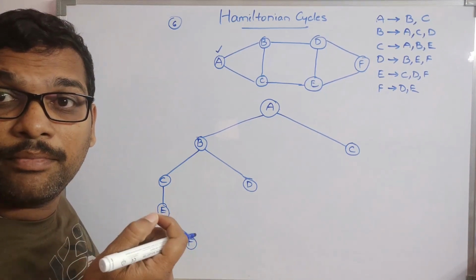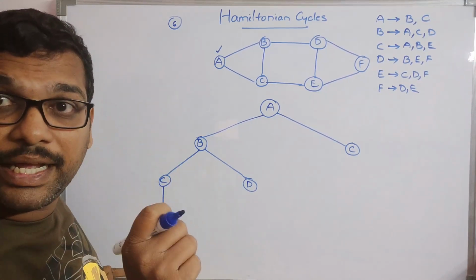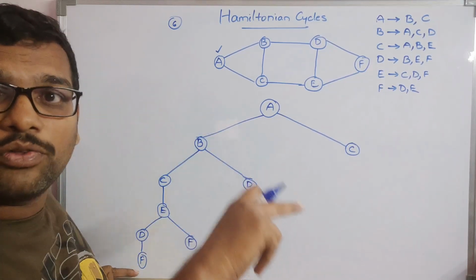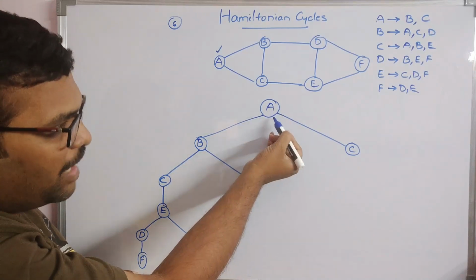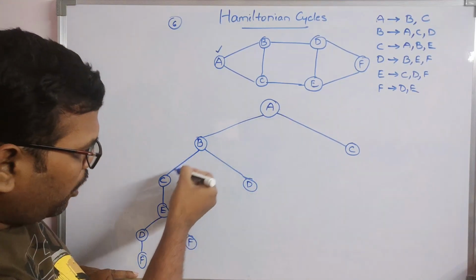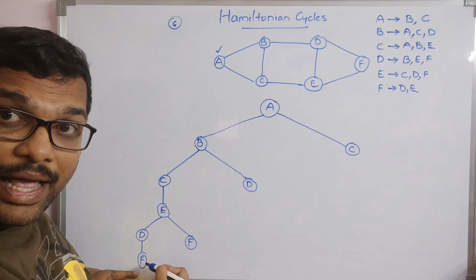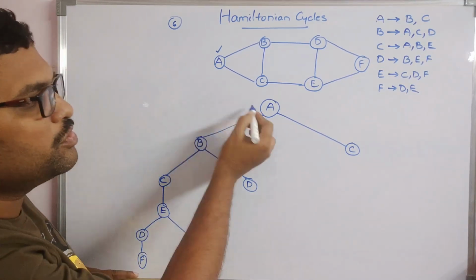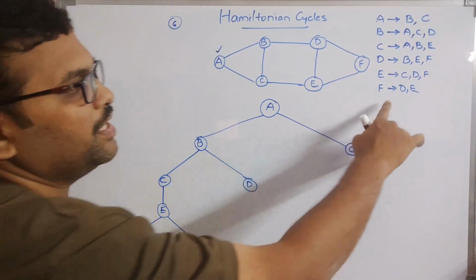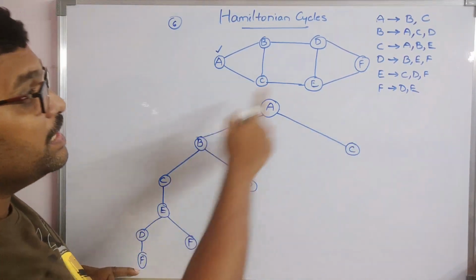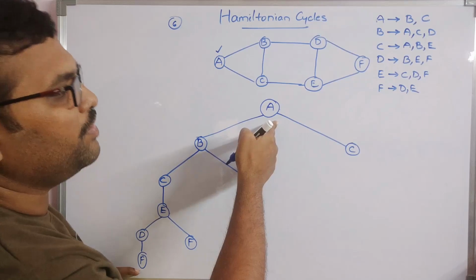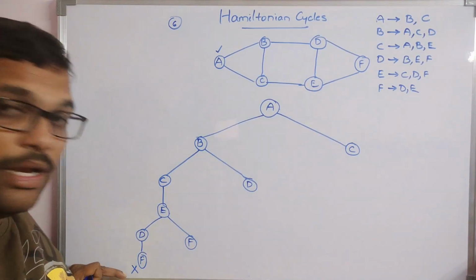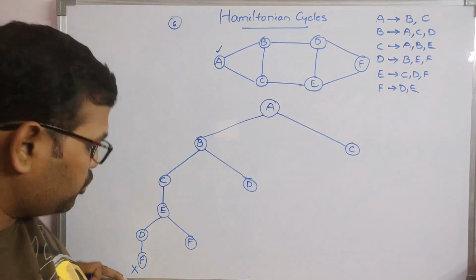Start with the source vertex, visit all other vertices exactly once, and come back to the source vertex. F has edges D and E, so there is no direct connection from F to A. So this path is not feasible. So backtrack.